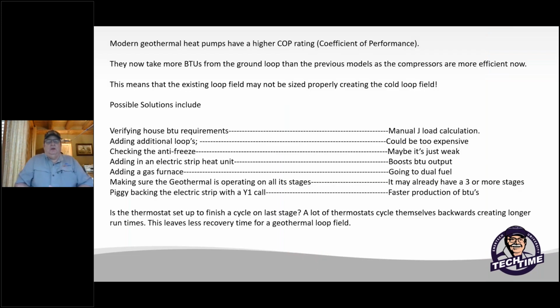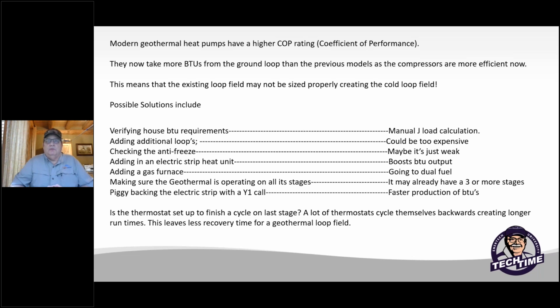The one thing you really need to remember is that our modern geothermal heat pumps have a higher COP rating, the coefficient of performance. The compressors are more energy efficient than they used to be, so we have to rely on different run times and more BTUs coming out of the ground loop. This is one of the issues when you do a retrofit of a home: you have to think about the loop field.